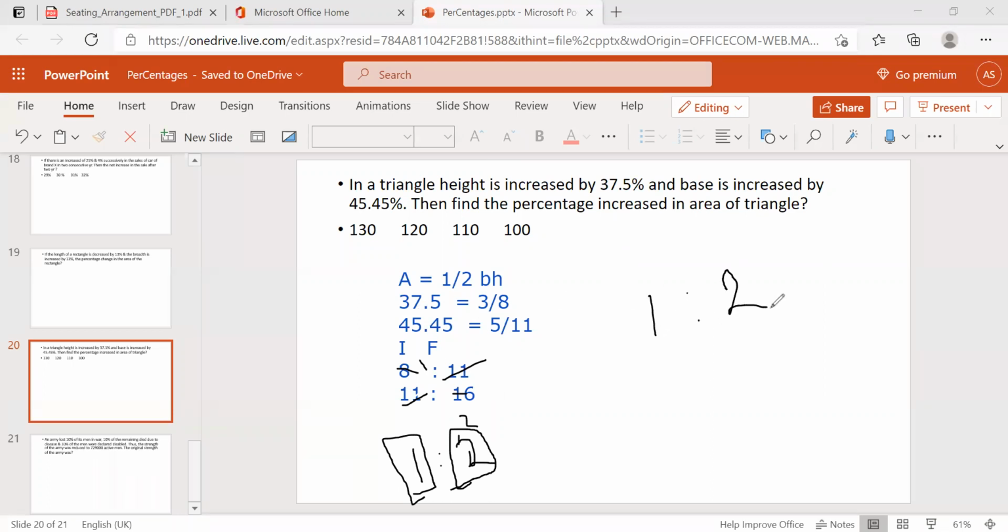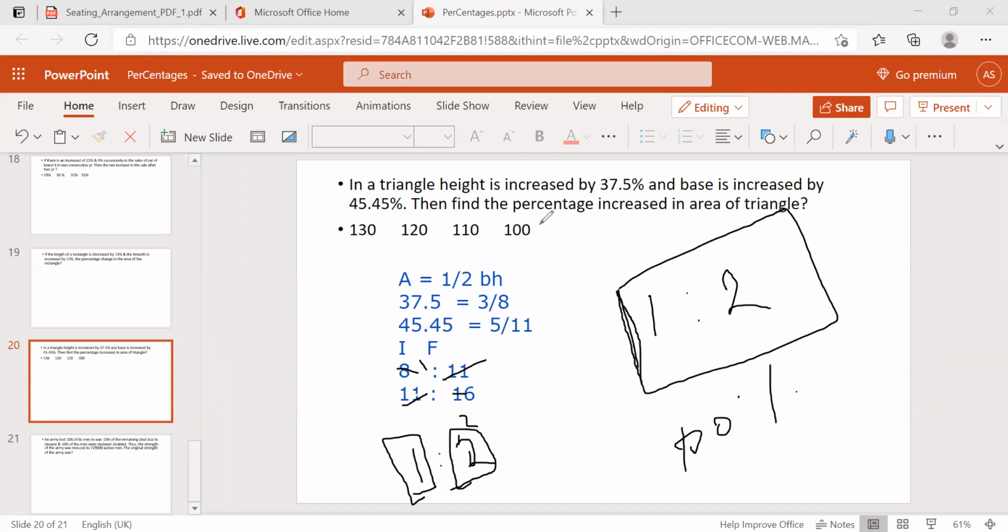Now it becomes 2. Is it clear? Now how much percentage increases? Previously it is 1. Now it becomes 2. That means 100% increases, right? So 100% is the answer.